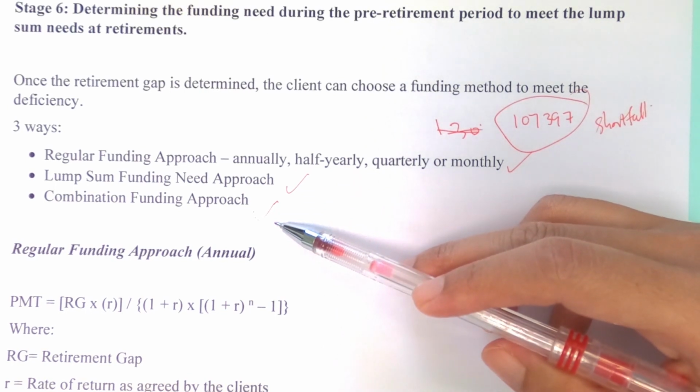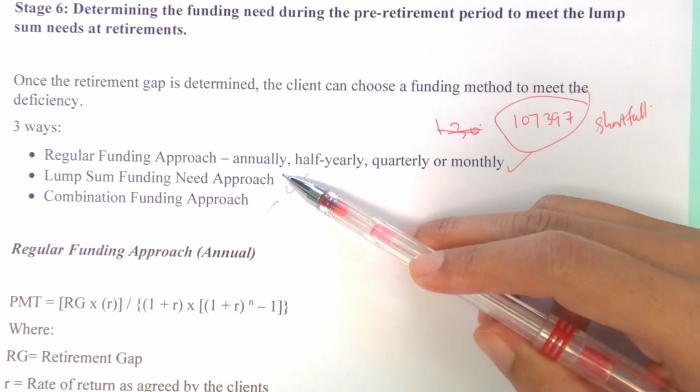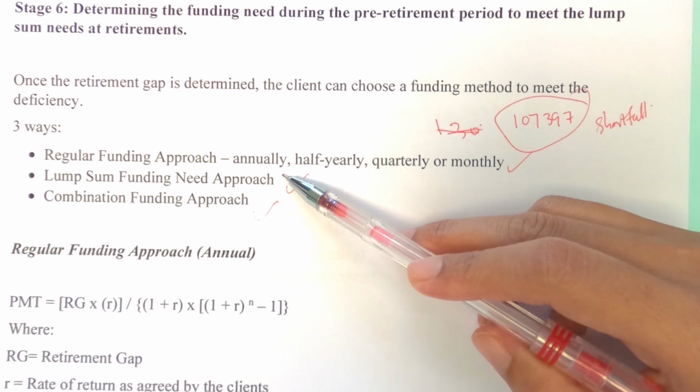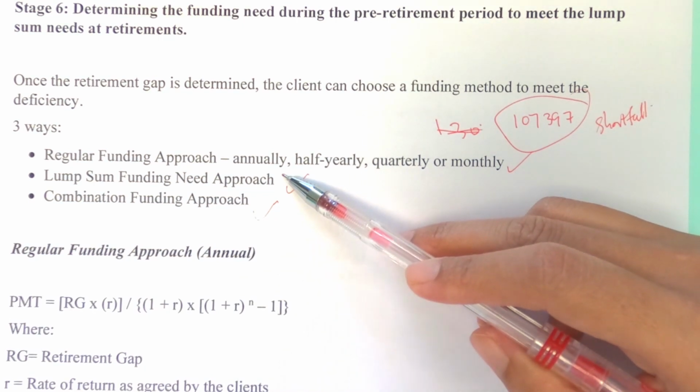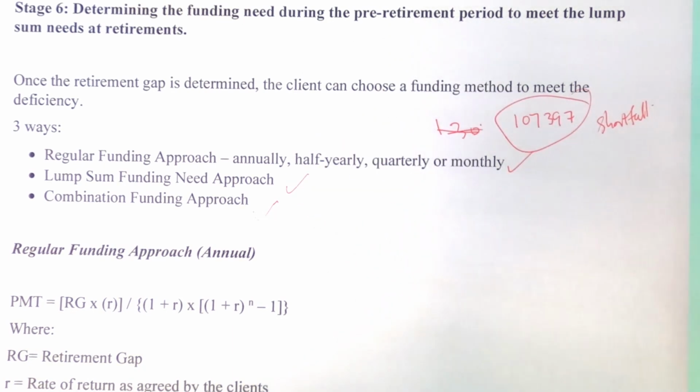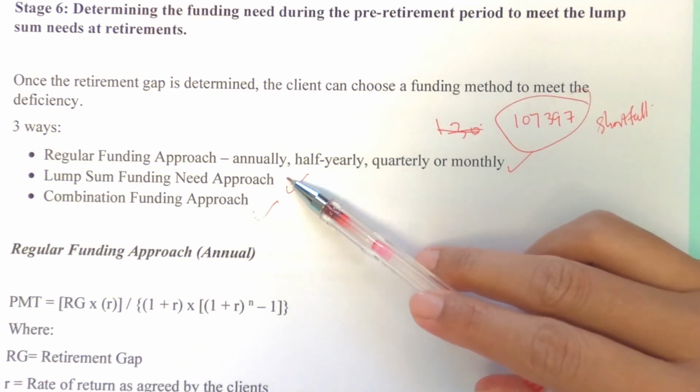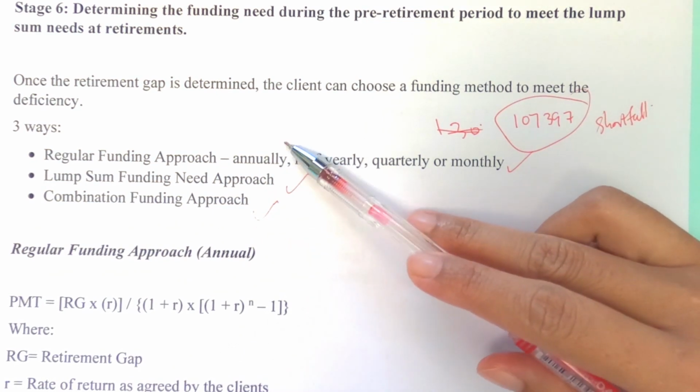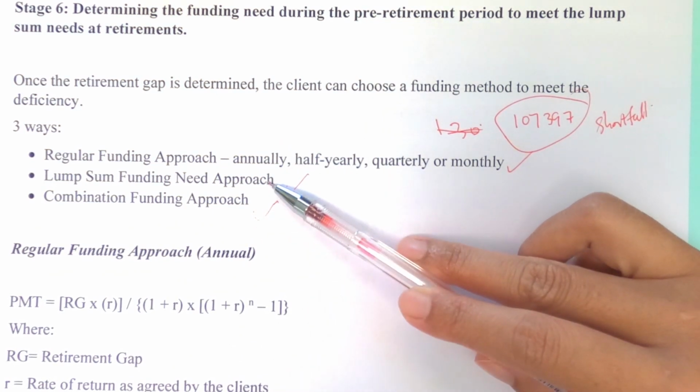Either we make a regular saving annually or monthly, or we prepare a lump sum funding now, or we use a combination of regular and lump sum funding.